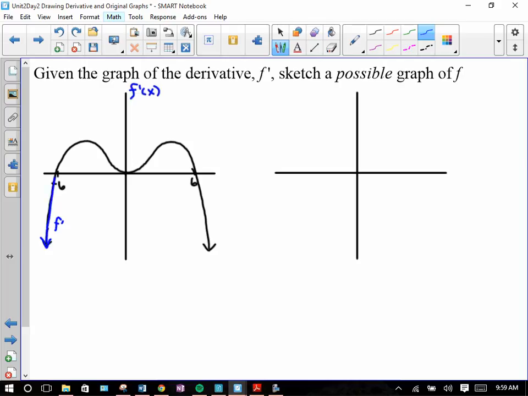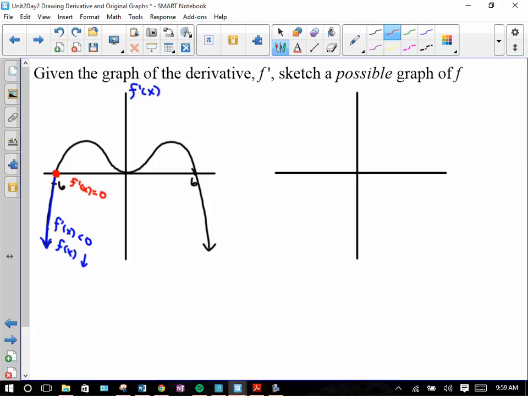We know that f prime of x is less than 0, which tells us that f of x is going what? Decreasing. Alright, so at negative 6, what happens? What's the value of f prime there? That tells you that f prime of x is equal to 0.